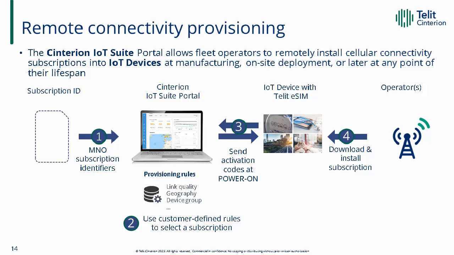At the very beginning, as an end user, you purchase the subscriptions from the mobile network operator, but instead of getting the SIM card, you get a bunch of activation codes, and then you load that into this Centurion IoT Suite portal, and after that, you can either trigger the provisioning at the factory or on-site, or later on at any point of the device lifetime.